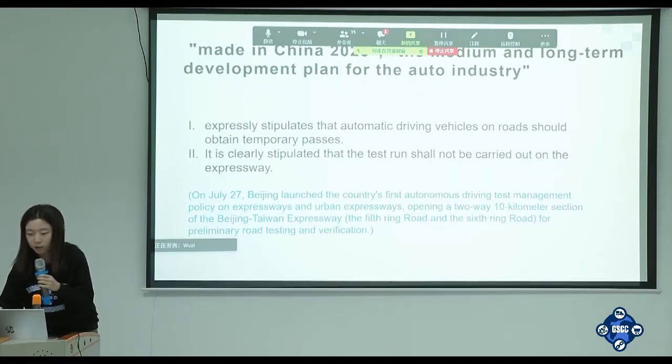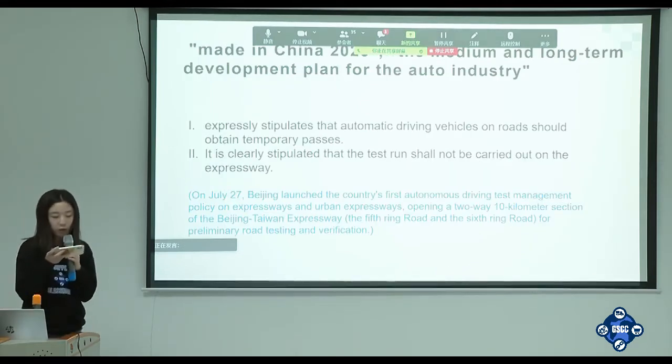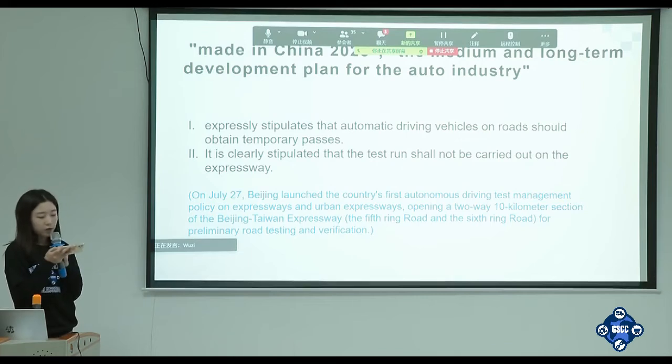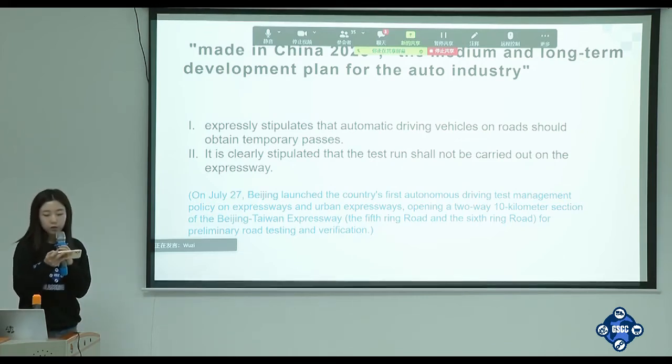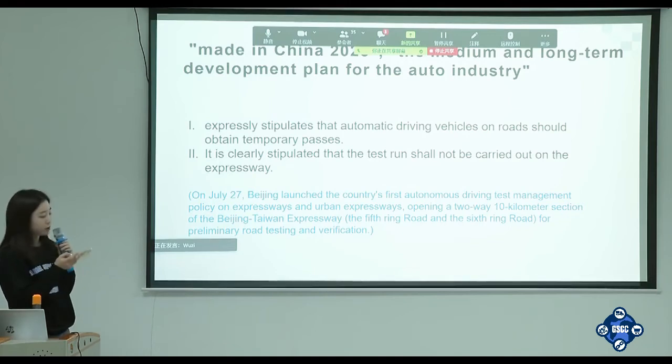In recent years, in order to promote the development of the auto driving industry, the State Council issued the documents Made in China 2025 and the medium and long-term development plan for the auto industry. Here are some specific regulations.